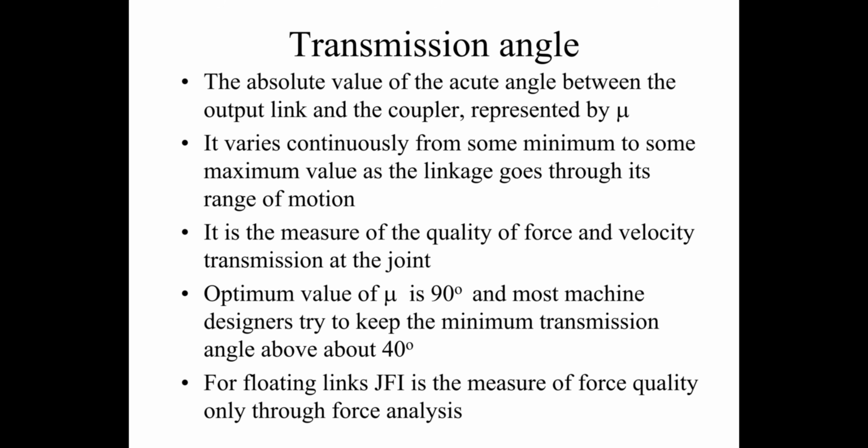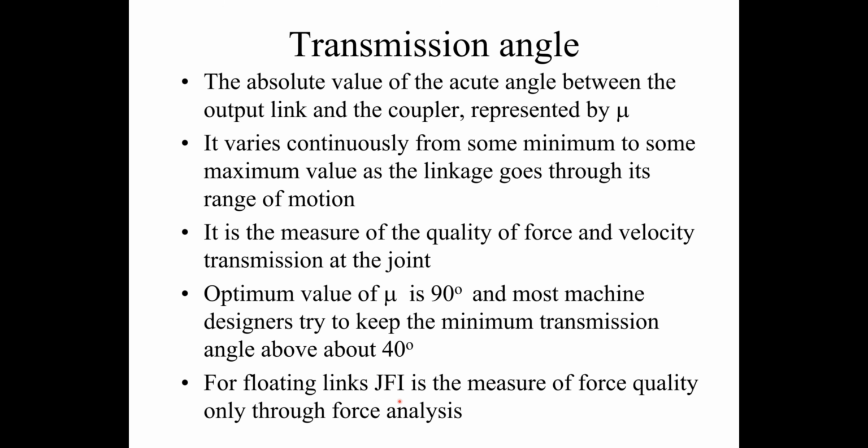If you are looking for the force transmission or torque transmission for a floating link, like we have link number 3, the coupler, in a 4-bar mechanism, we use another parameter which is known as JFI, Joint Force Index. This is the measure of the force quality for floating links. So in position analysis, directly from this mu angle, you can see how much force is being transmitted, giving you the final torque.